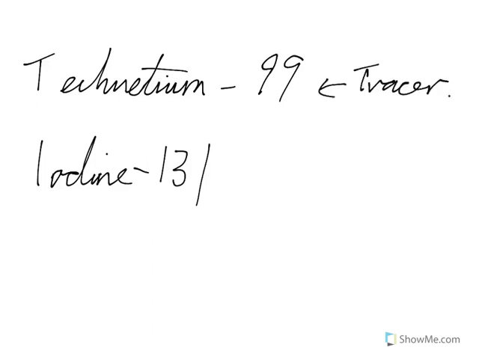So it goes around the body through the organs, and then we can scan the body, and we'll get more to do with that. Iodine in particular for thyroid, because your thyroid likes iodine. So if we suspect a thyroid problem, iodine-131, and that'll get collected in the thyroid, and so you'll be able to check and see what's going on there.